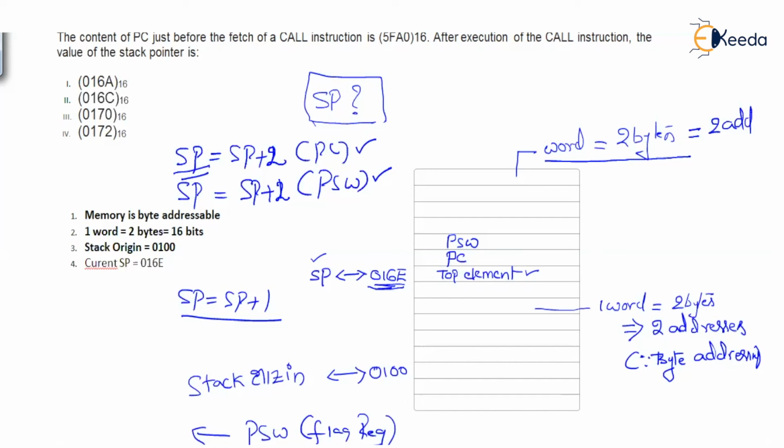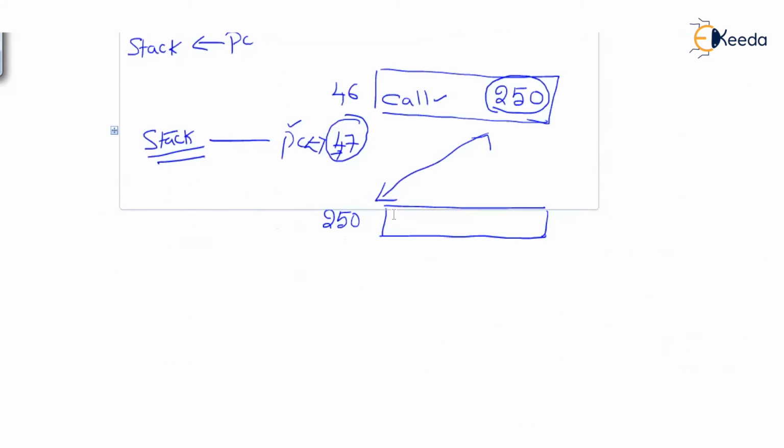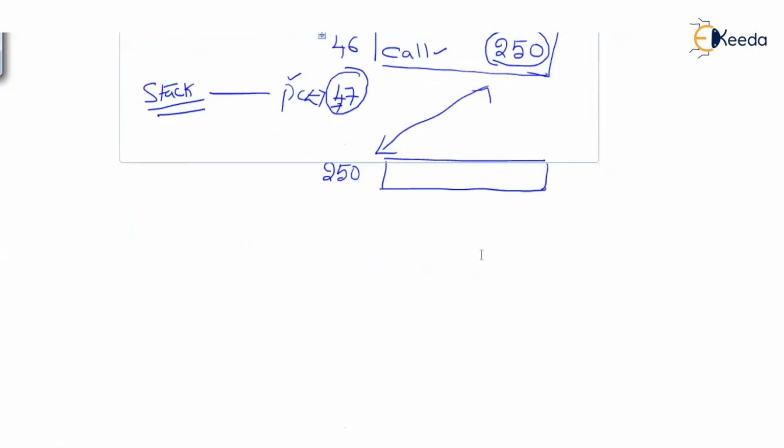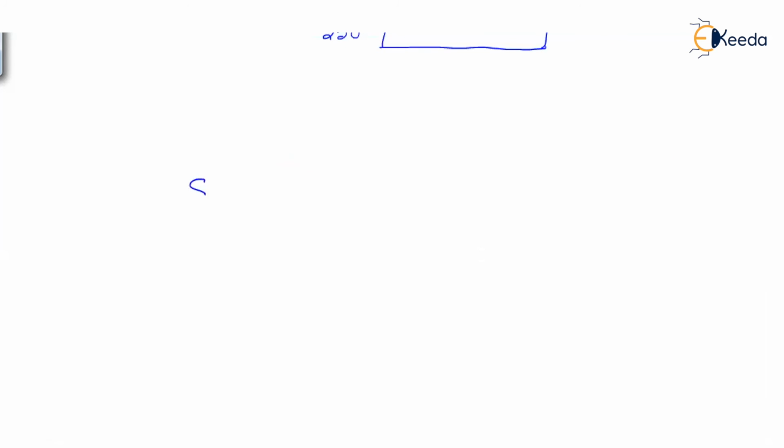So the final value of the stack pointer is SP equal to SP plus 4. Now we'll calculate it. The current value of the stack pointer is 016E, as given in the question.